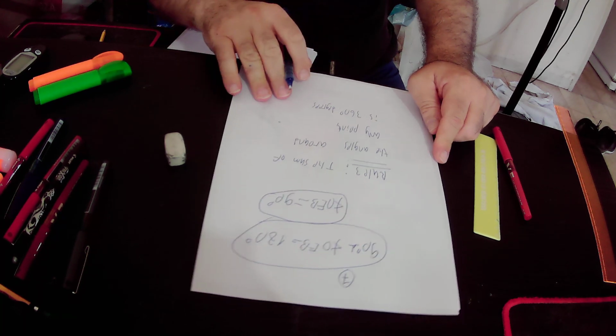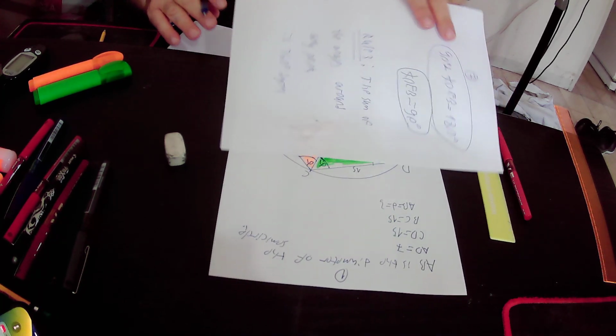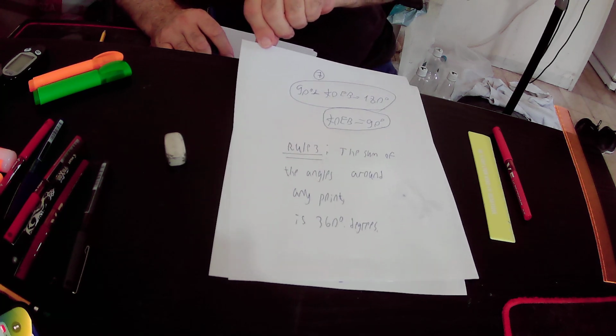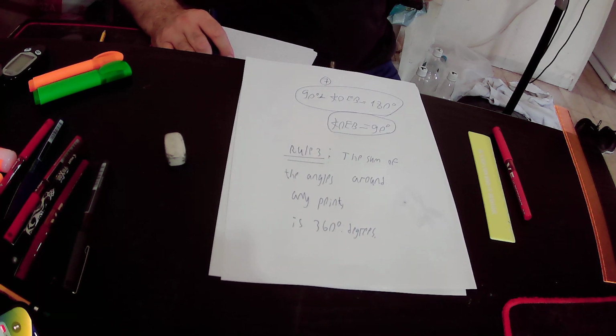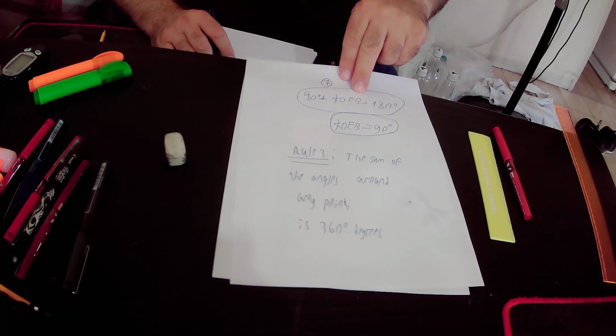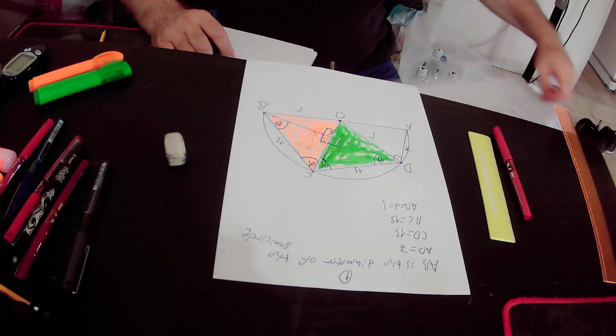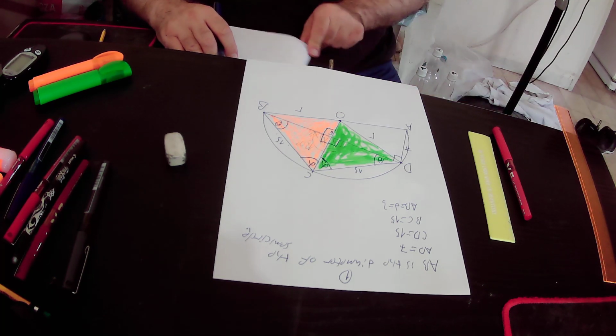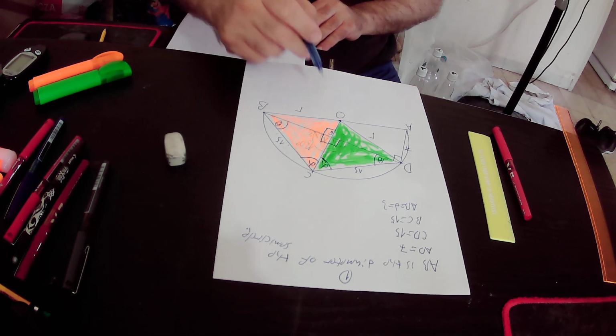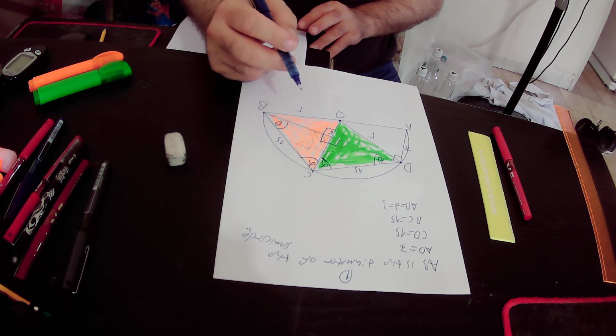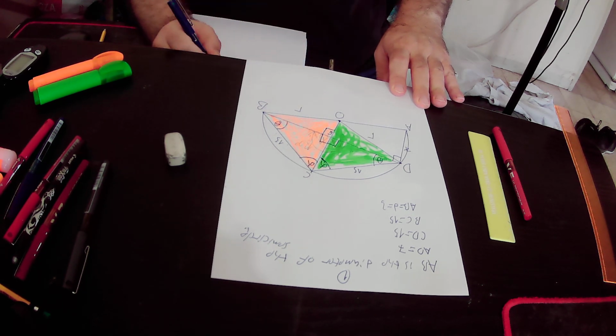So I will read rule number 3 again. Rule number 3 states that the sum of the angles around a certain point is equal to 360 degrees, and especially the sum of the angles around point E is equal to 360 degrees.